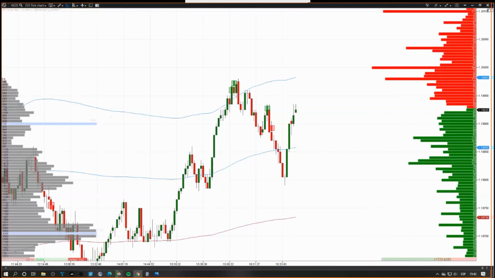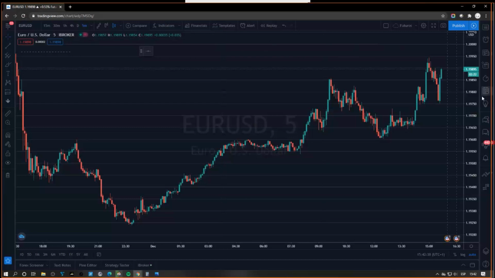Okay, let me just show you a comparison, so you can understand what I mean. I'm going to open a chart in the euro. Let me go for the euro in forex. Okay, here is an example.